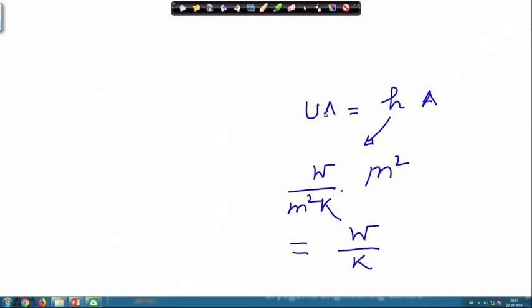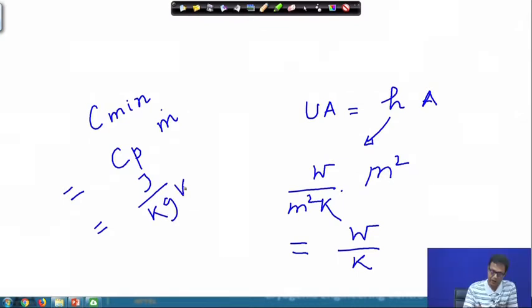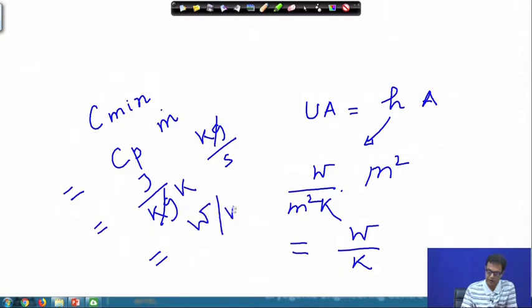On the other side, C min is nothing but the Cp of the cold or hot, the minimum fluid, multiplied by the m dot. So, this is joule per kg Kelvin, and this is kg per second, so this is cancelling out. Overall we get watt per Kelvin. So, basically NTU is a non-dimensional number.